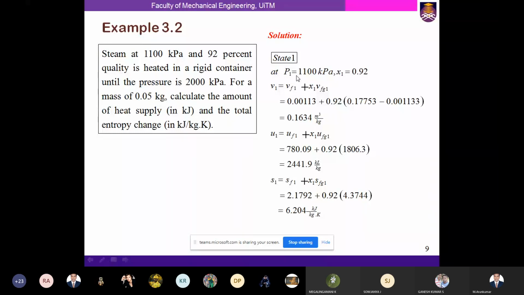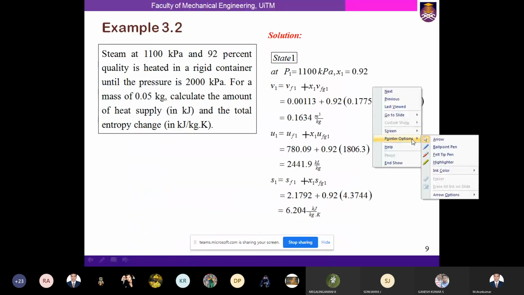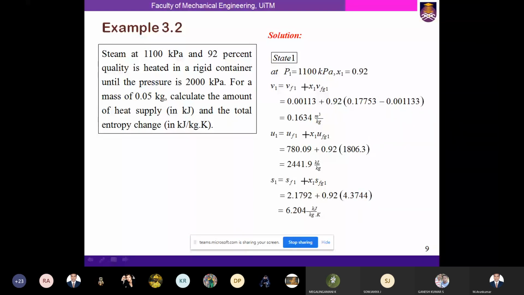So we have P1 and we have X1. With the use of the steam table we can find the other properties.